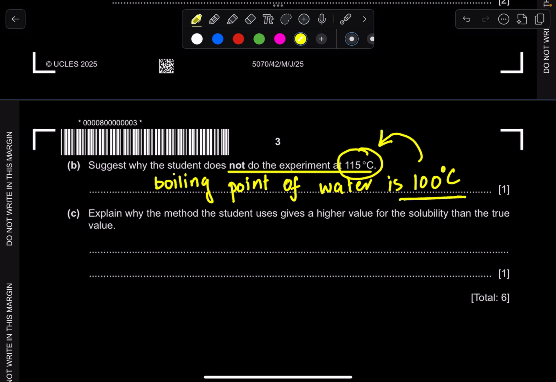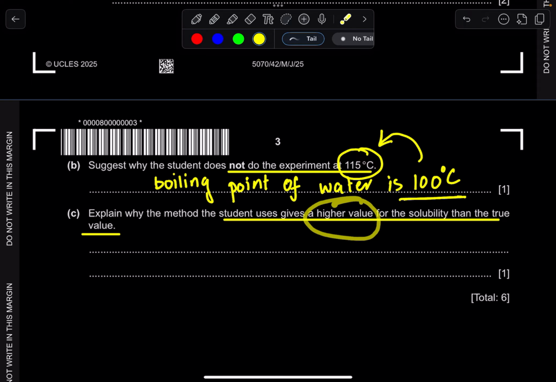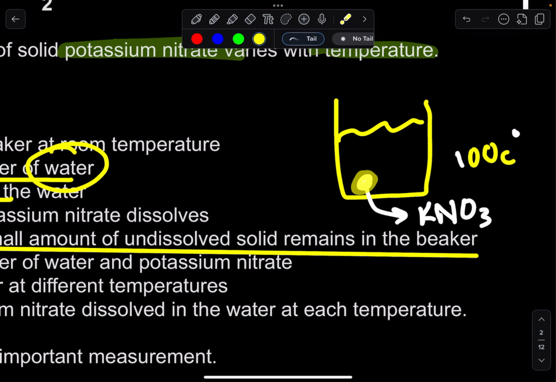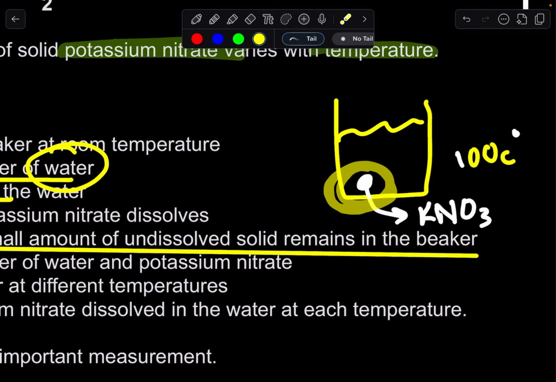Explain how the method the student uses gives a higher value for the solubility than the true value. Look, there's a problem in this method. It's giving a higher value of solubility. It's telling you that more solute is dissolved than reality, and that's correct. Because what he is doing, there is some undissolved solute at the bottom which he is not taking into account.